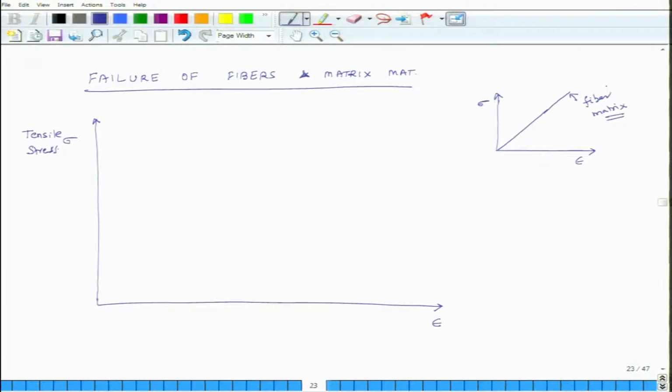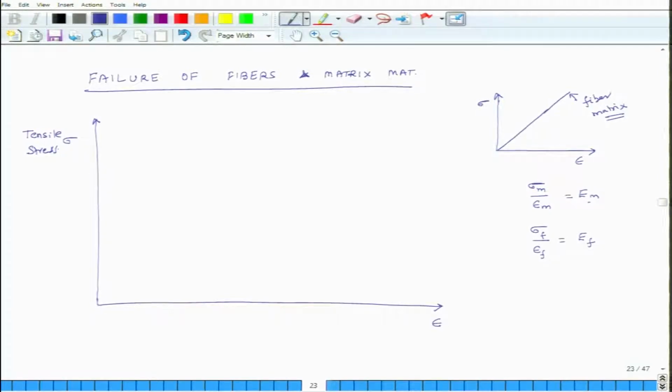Where did we assume this type of behavior? Remember, at one point we said that sigma m over epsilon m is equal to E m. This is something we wrote when we were developing the relation for EL. Similarly, we also wrote sigma f over epsilon f equals E f.